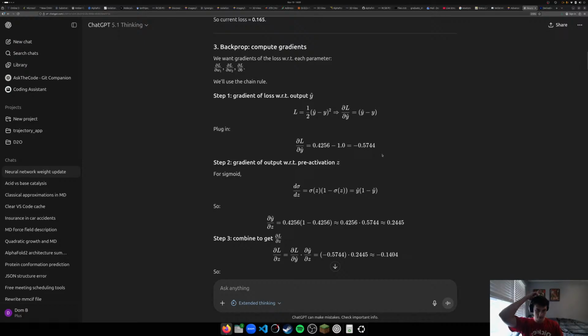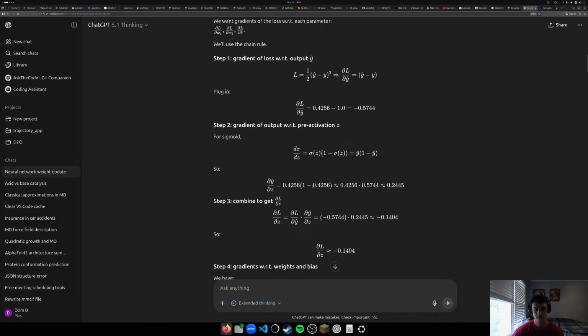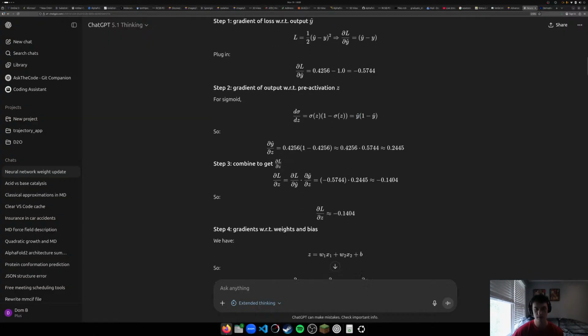And then from there, you need to figure out the gradient with respect to z, which is that. So that's the derivative of the sigmoid function, which is equivalent to this. So L to y, y to z.